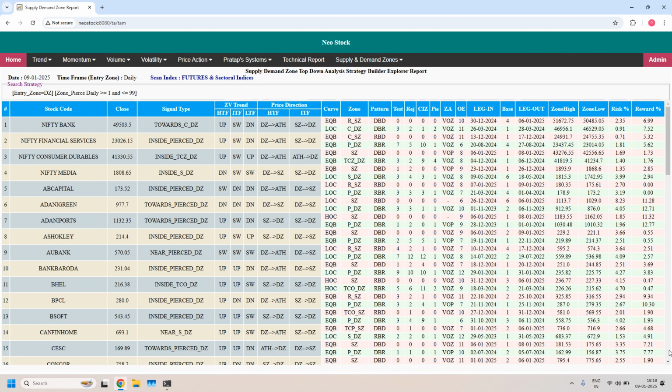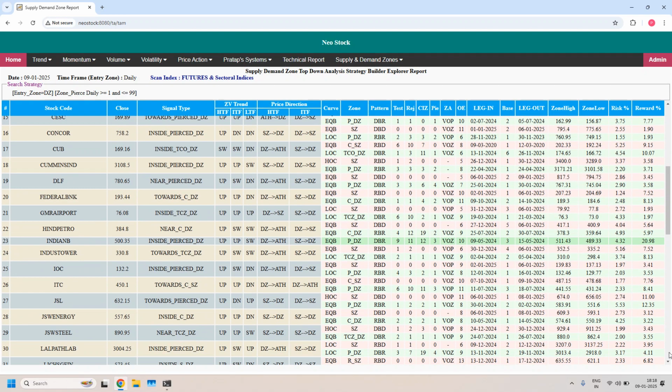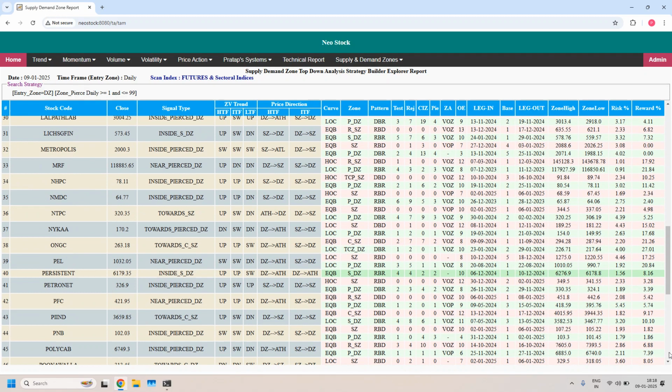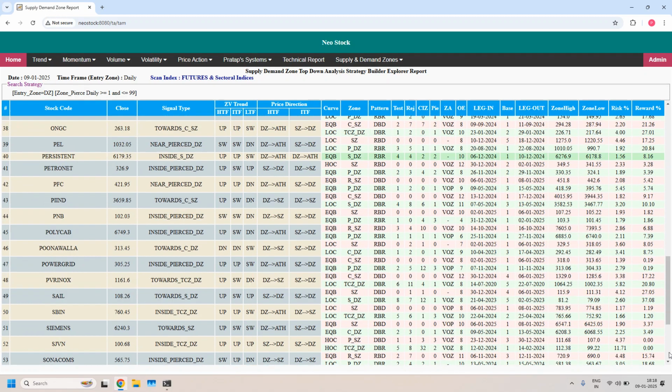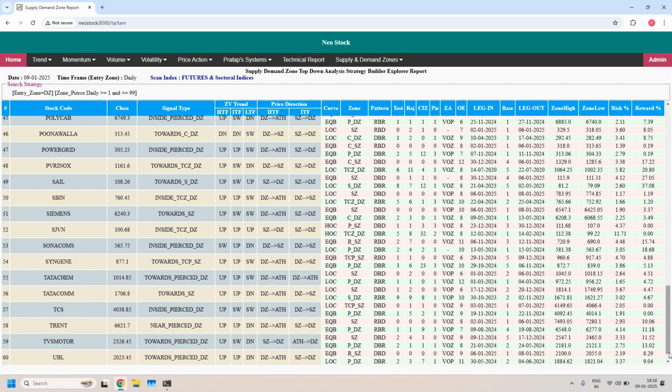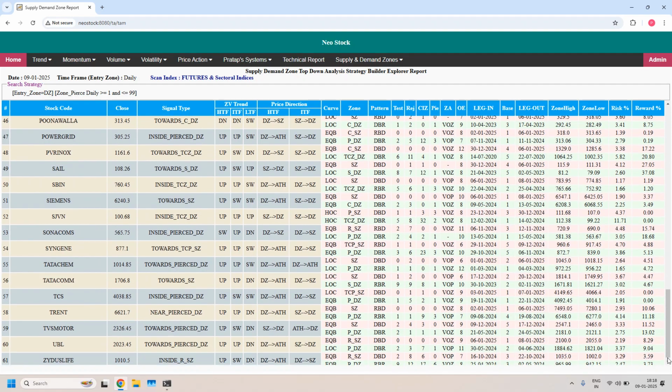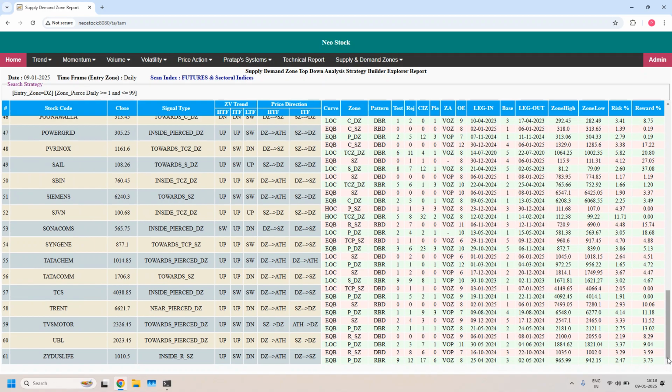Okay, I am scrolling the list down. So total 61 stocks pierced daily demand zones.